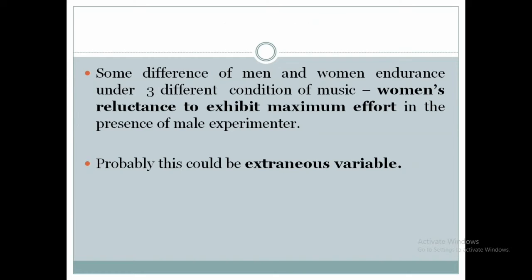Take the same study of Ansel and Mystery: some difference in men's and women's endurance under the 3 different music conditions might exist because women might be reluctant to exhibit maximum effort in the presence of a male experimenter, and consequently this would be an extraneous variable.